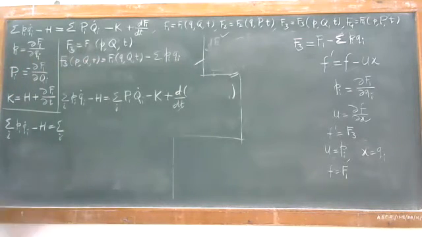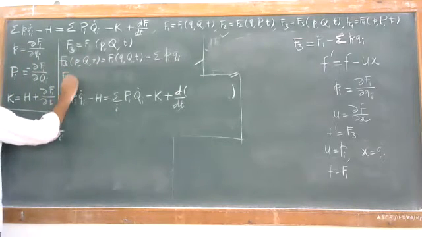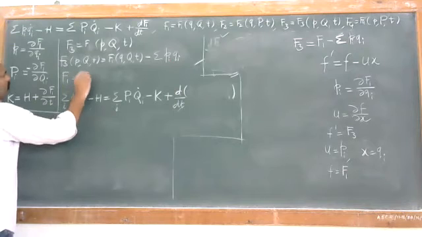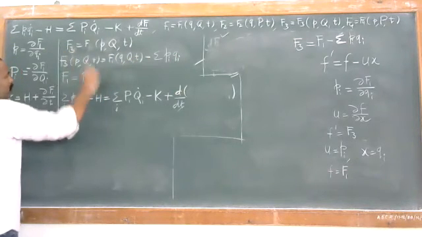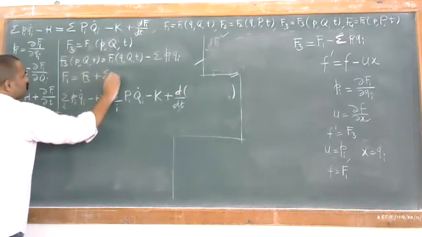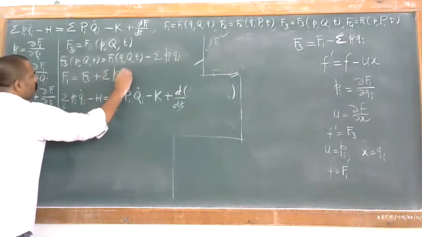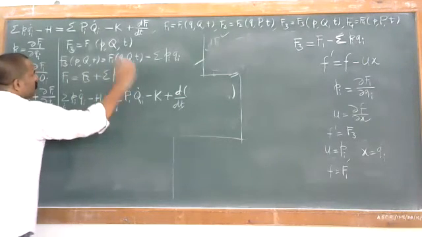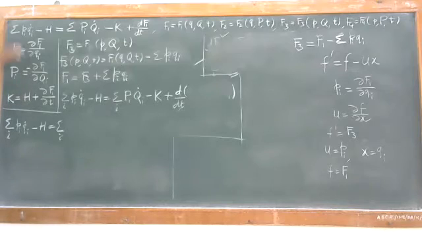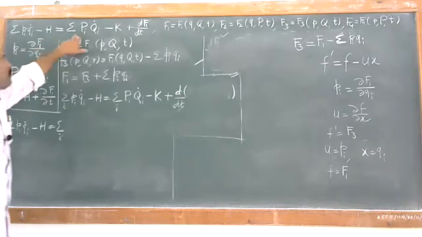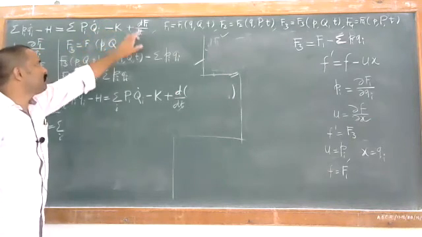So what is f1 now? I'll write that f1 is equal to this f3. Now this is minus, it will become plus. So plus the summation over small pi into this q1. So what is your equation? Summation over pi qi dot minus h is equal to summation over pi qi dot minus k plus df1 by dt.